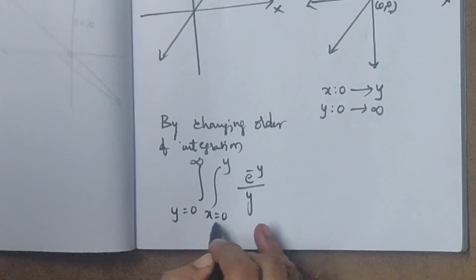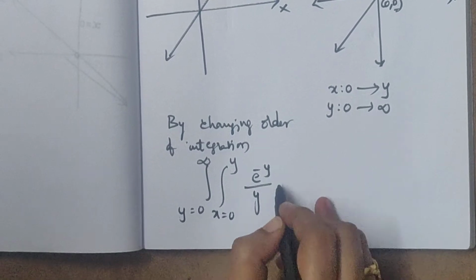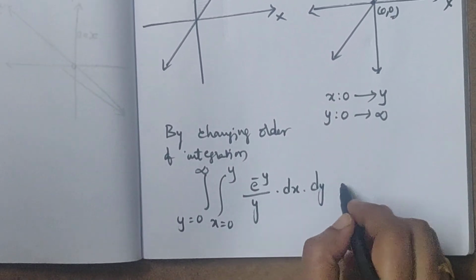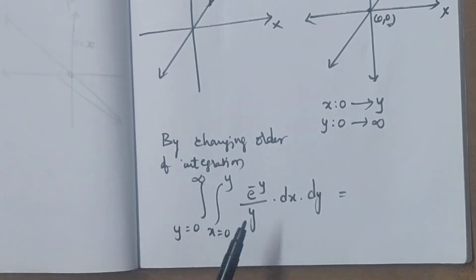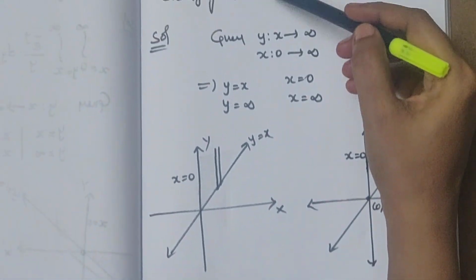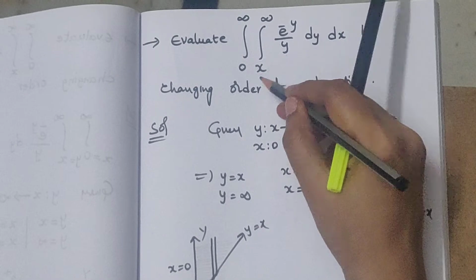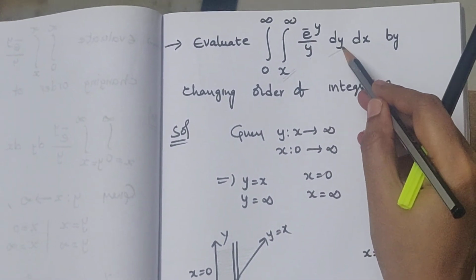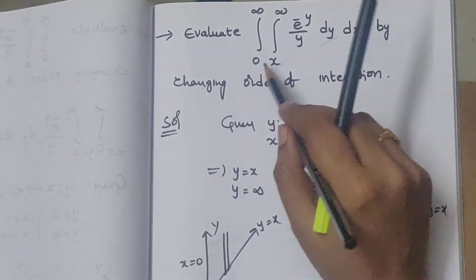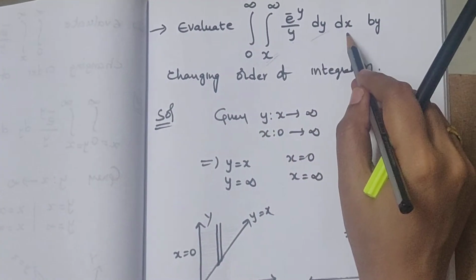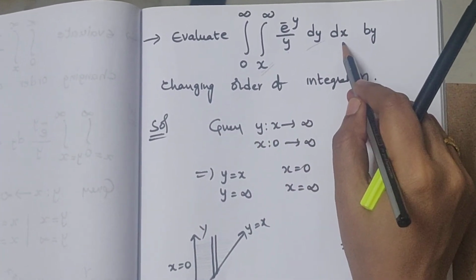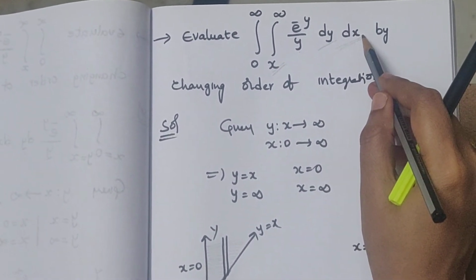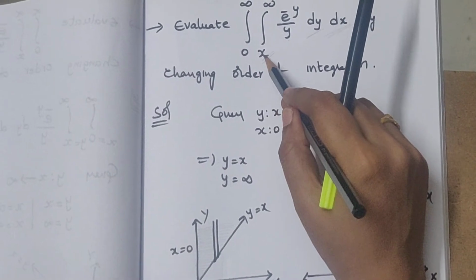Now we have x limits in terms of variables, so integration is with respect to x and later with respect to y. According to the original limits, we would integrate with respect to y and later x, but they ask to change the order, so our aim is to integrate with respect to x. For that, those limits are not useful.